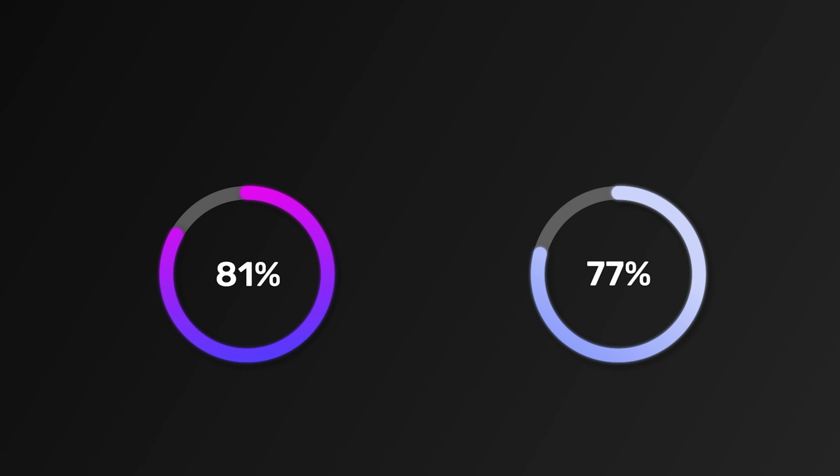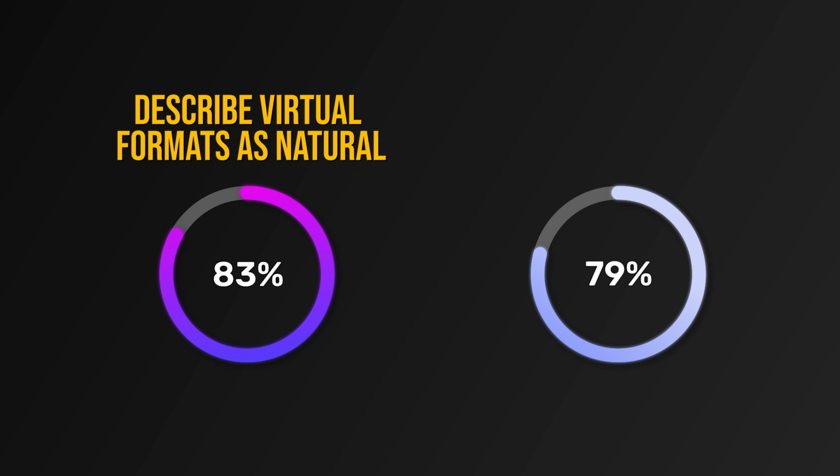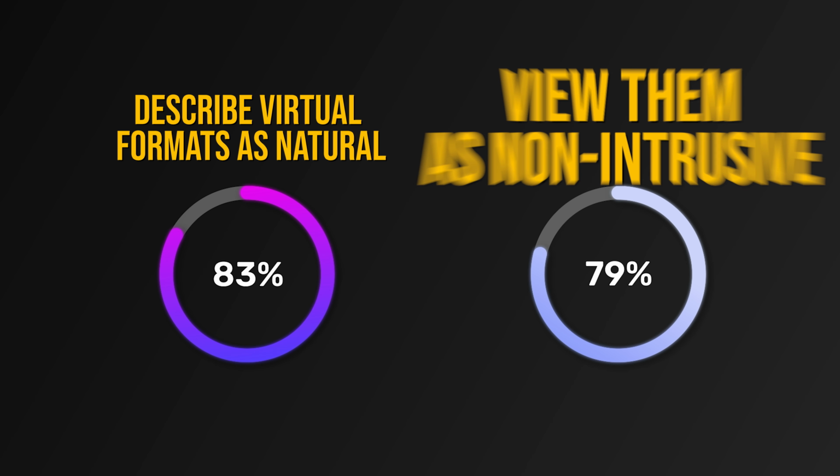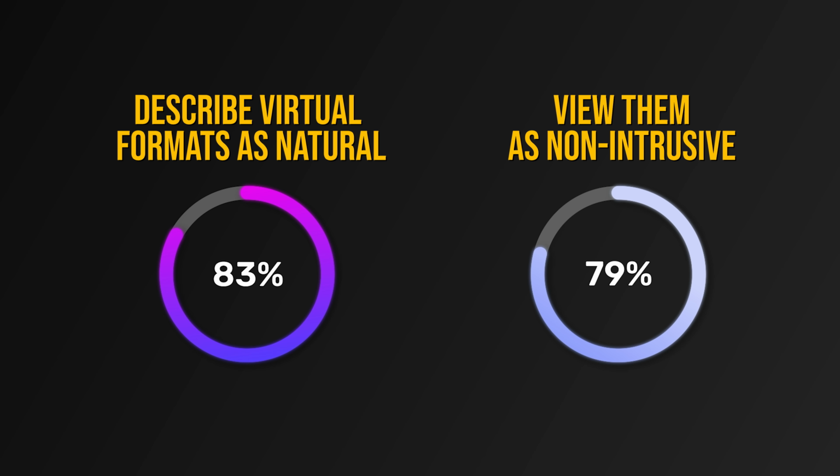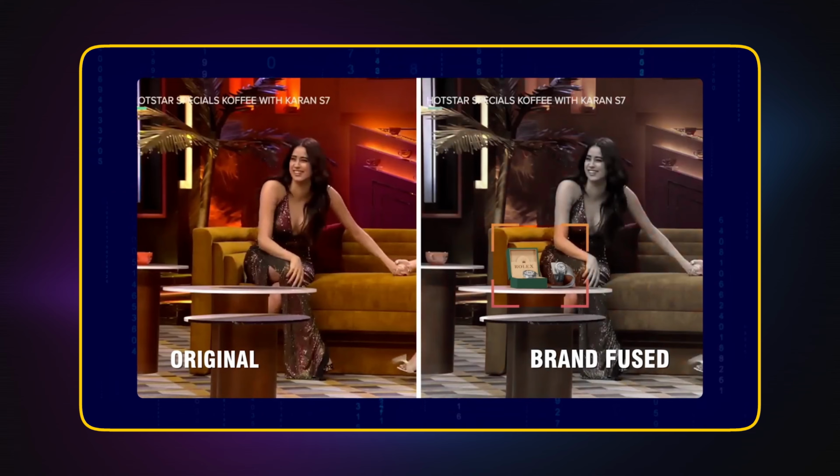Unlike traditional ad formats, virtual product placements don't interrupt the viewing experience. Studies report 83% of viewers describe virtual formats as natural and 79% view them as non-intrusive. VPP placements blend seamlessly into the content, fostering positive perceptions among audiences and creating a more immersive and natural experience for viewers.